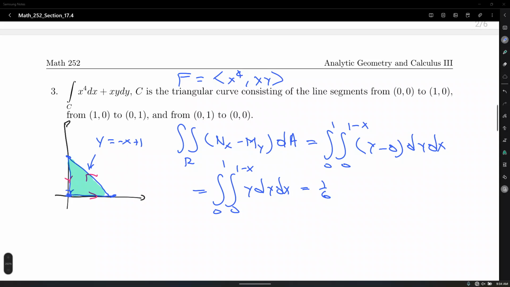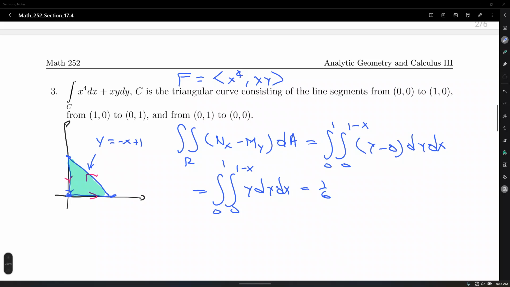How would you do it? What was that? Type 1? It's not type 1 because there's a force field involved.